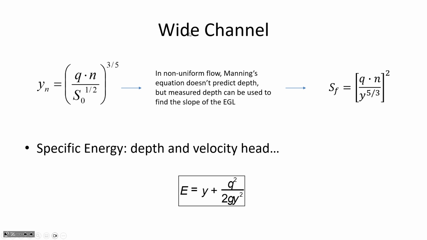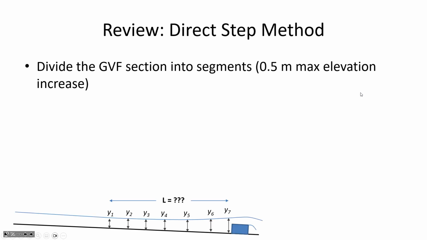Most of the time we're applying Manning's equation to say what is the normal depth for steady uniform flow where you've got a certain channel slope. But we can also use that same equation to solve for the slope of the energy grade line if the depth that we're putting in is the actual flow depth at a certain location. So like where we break this channel up into segments, remember, part of what we had to do is find out what's the slope of the energy grade line at location 7, at location 6, and then the average of the two.